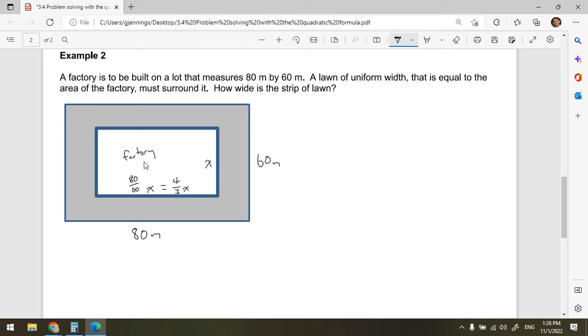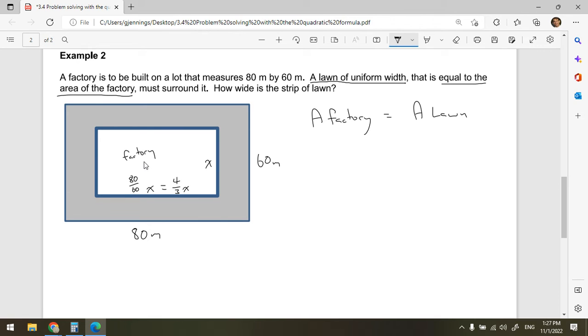And now, if we know that the area of the factory is equal to the area of the lawn, we're moving towards answering this question. Notice I'm just taking a look at the lawn of uniform width and that it's equal to the area of the factory. So the two areas are equal.